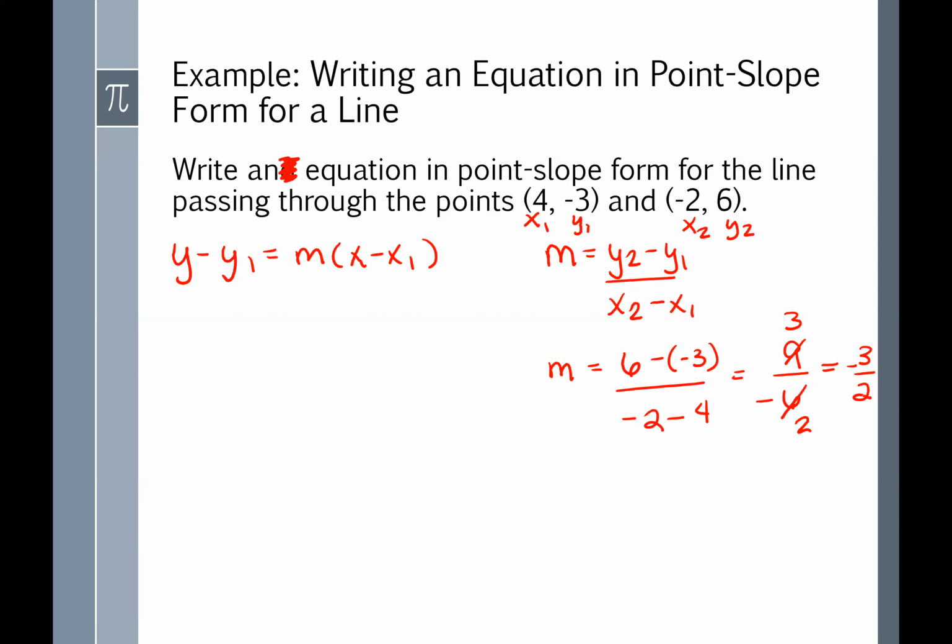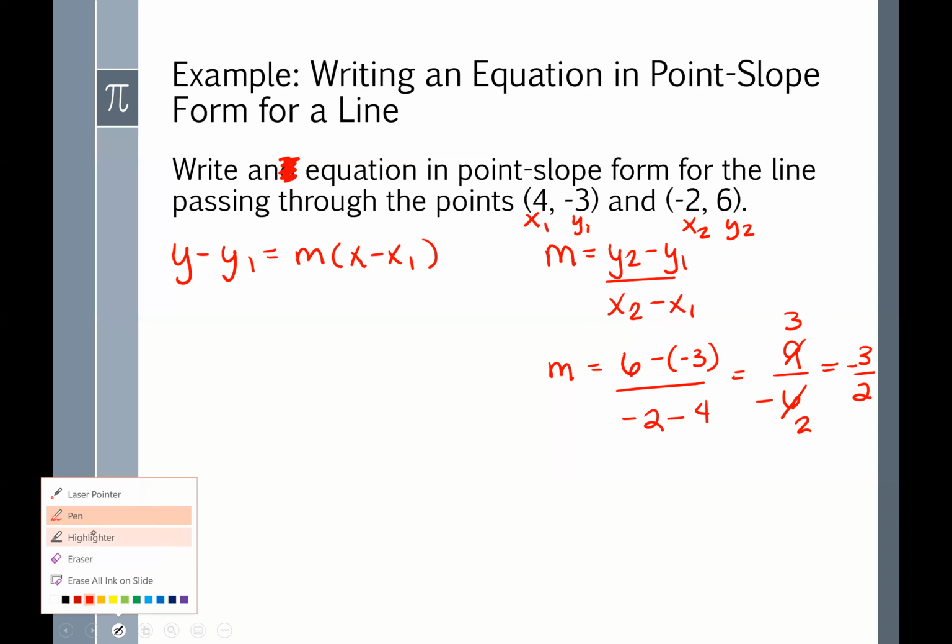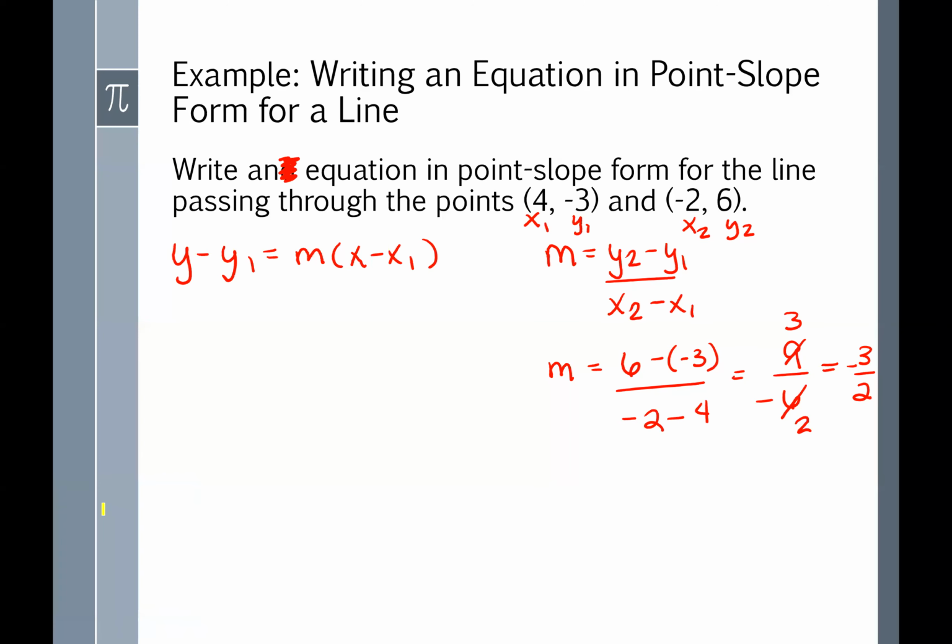All right, so now I can take either one of these points and use that as a point in my equation. So I can use this one or this one. It doesn't matter. It honestly doesn't matter which point you use. They're both points on the line. And I'm going to plug that in along with the slope in my point slope form.